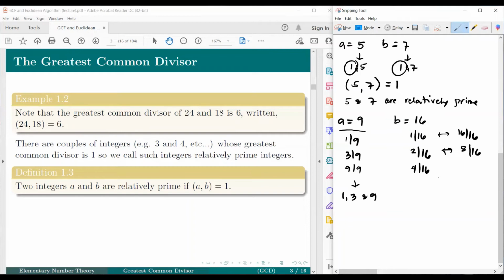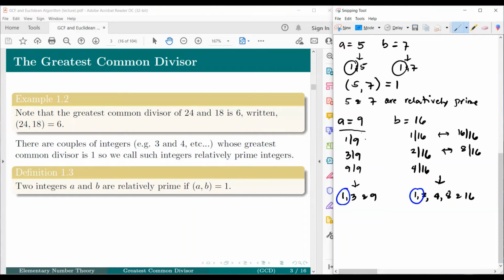So hence here, the divisors of 16 are 1, 2, 4, 8, and 16. Now, as you can see here, the greatest common divisor, the GCD, of 16 and 9 is 1. So we don't have 3 here.